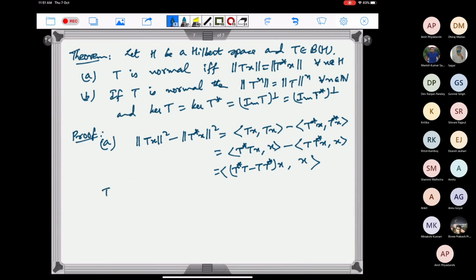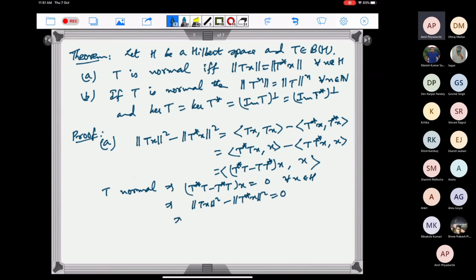T normal implies T star T minus T T star of x is equal to 0 for all x, and this implies that norm Tx square minus norm T star x square is 0, which implies norm of Tx equal to norm T star x.